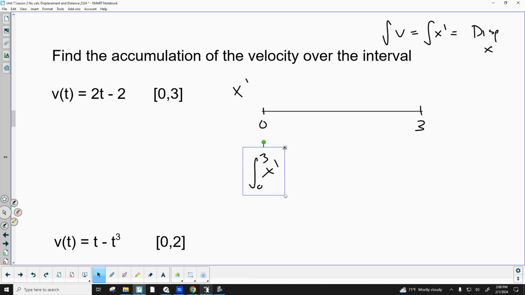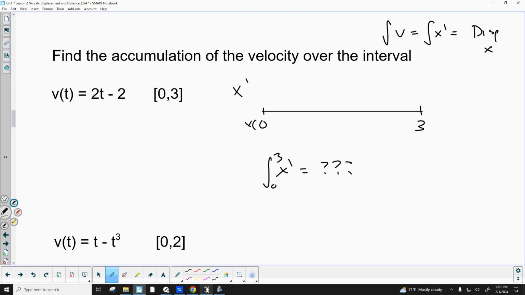Okay? Cool. You want to find this. I don't know what this is. Well, we realized from last class that if we had positions at 0 and at 3, we can find your accumulation in a roundabout way. It's a connection between accumulations and antiderivatives.